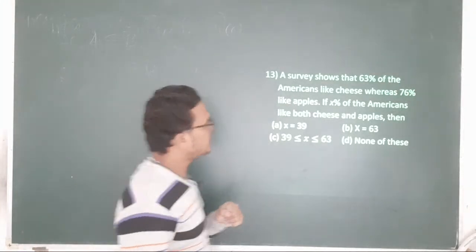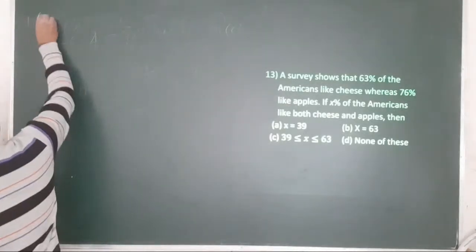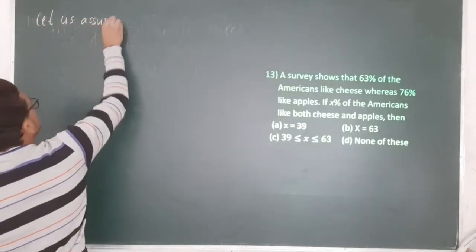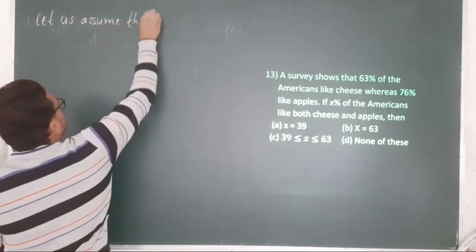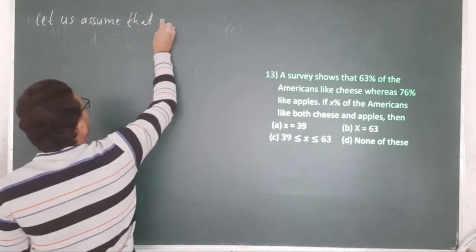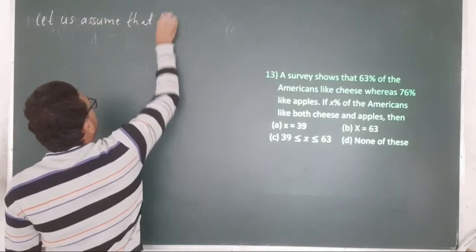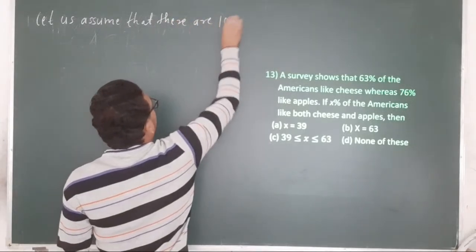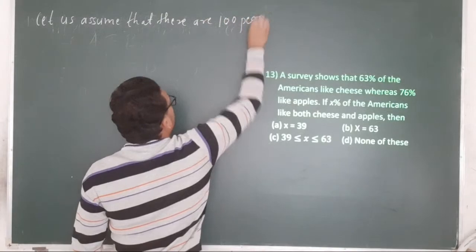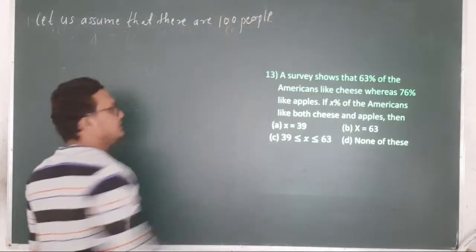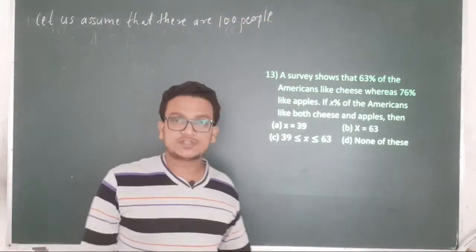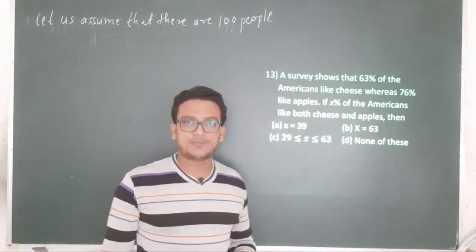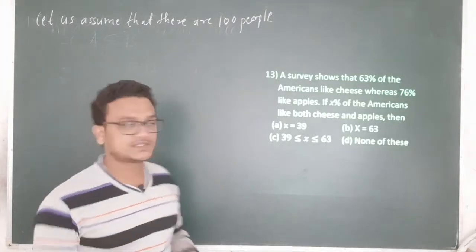So what we'll assume here, let us assume that there are 100 people. Why have we taken this as 100? Because the numbers given for Americans who like cheese and apples are in the form of percentage.